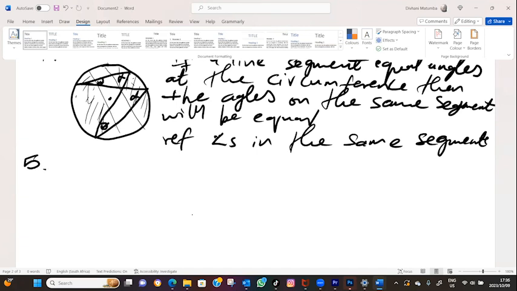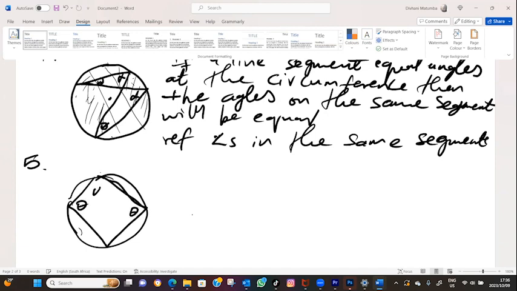Now with number 5, we have a very simple theorem. What we know is that the opposite angles of a cyclic quad are equal.